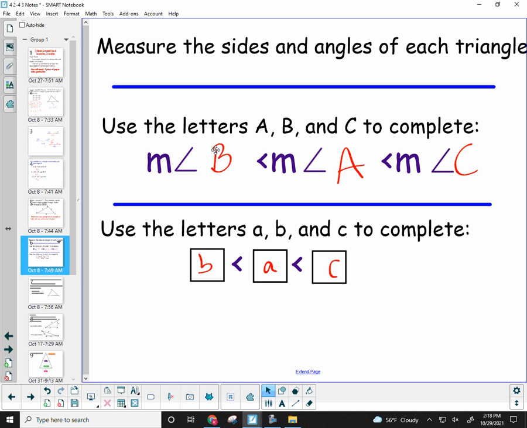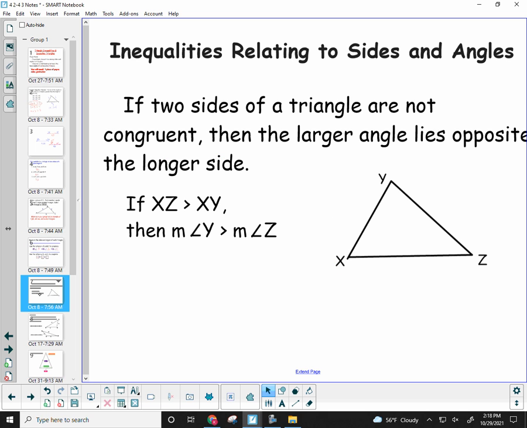But if you had a teeny tiny angle, you're going to need a teeny tiny piece to go from fingertip to fingertip, right? Okay, so this is going to keep coming back to us several times throughout the year. Anyways, that's what this slide here is telling us. The largest side opposite the largest angle, the small side opposite the smallest angle.